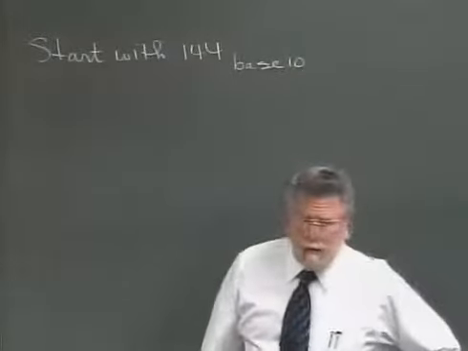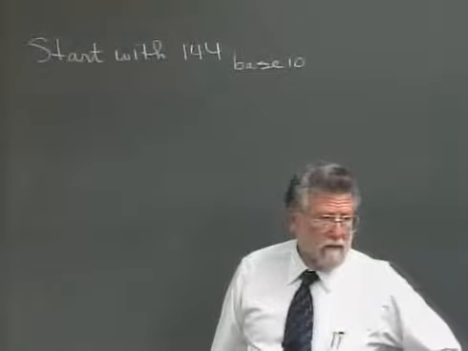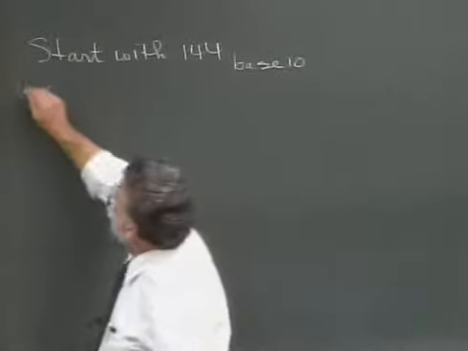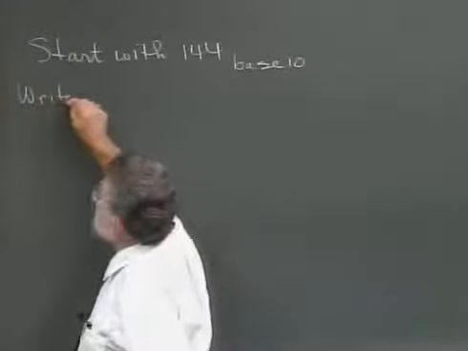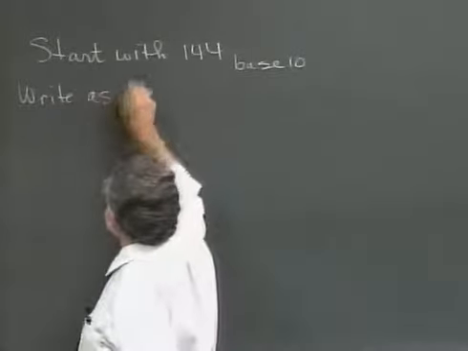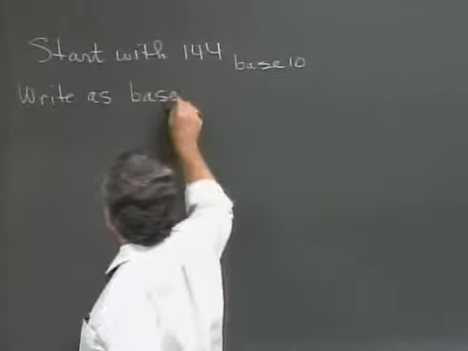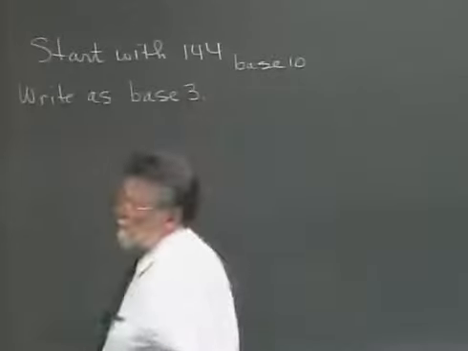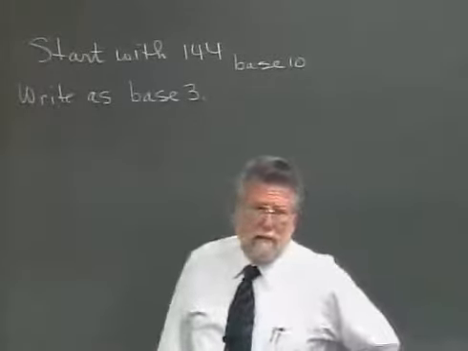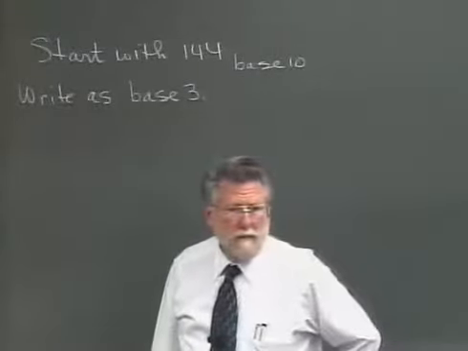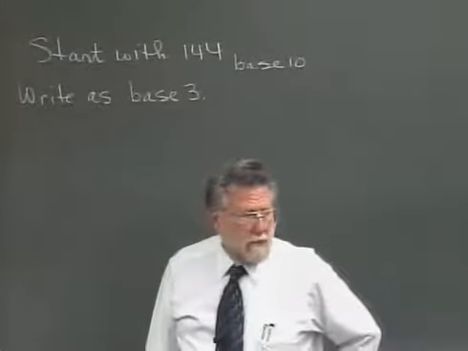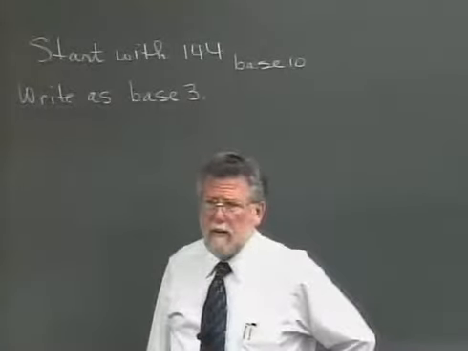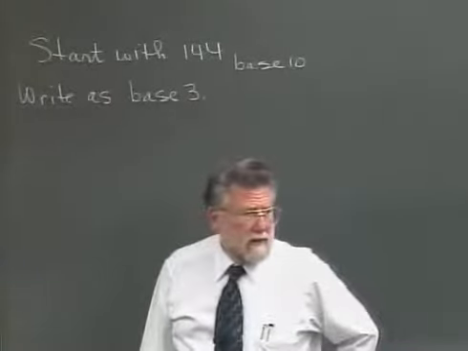How do we do this? What do I have to have if I'm in base 3? So I want to write it as base 3. So the question, what do I need? Place values. Which place value do I want? Base 3.